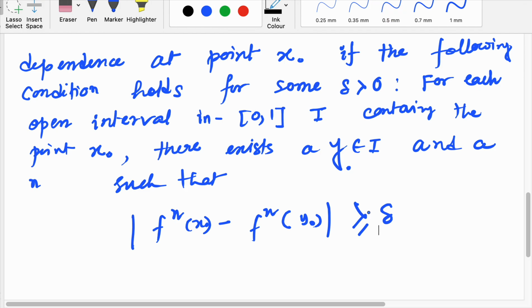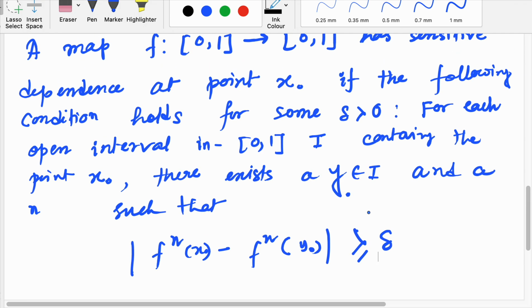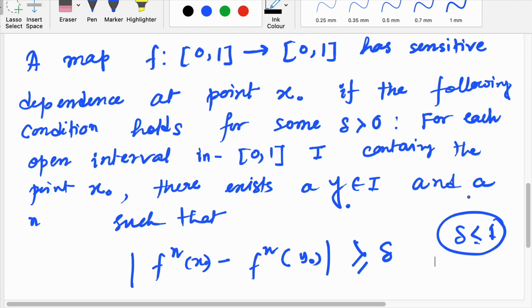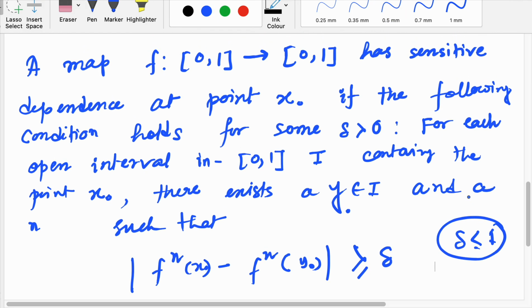So sensitive dependence means there exists some constant delta, and obviously this delta will be less than or equal to 1 for this map.